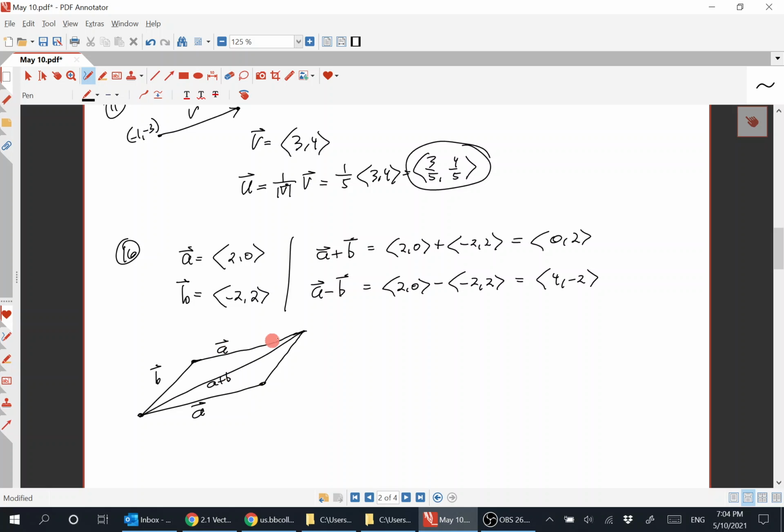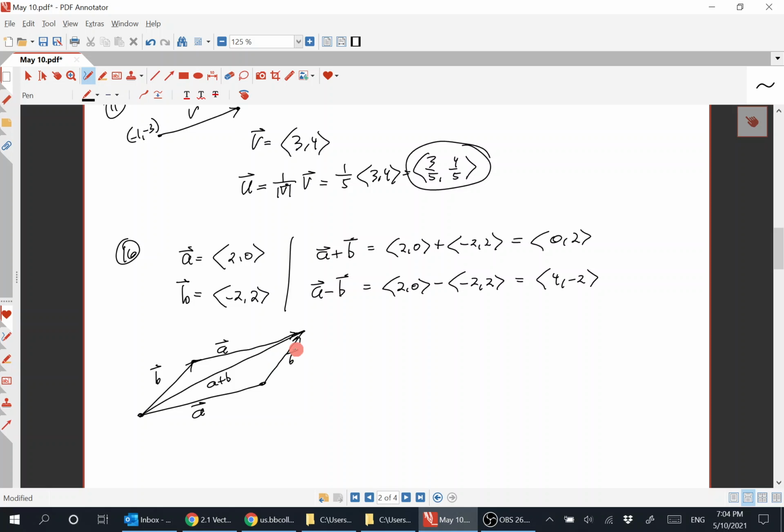So this is vector a, and that's vector a. This is vector b, and that's vector b. And then the vector a plus b is right here. The triangle inequality says the sum of the lengths of two sides of the triangle is more than the length of the third side.